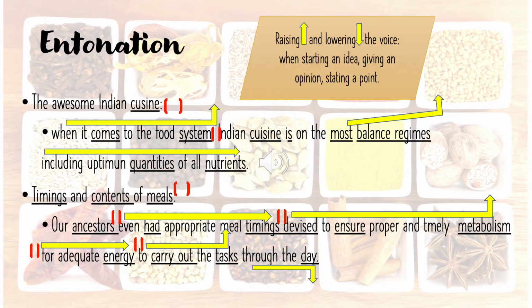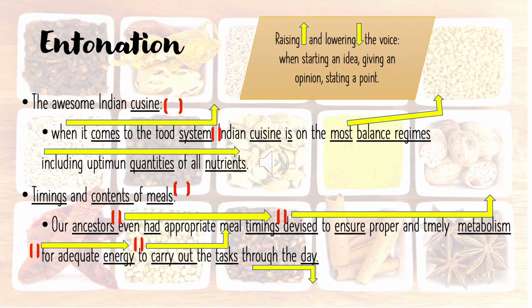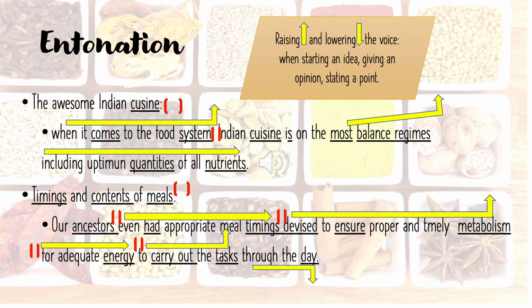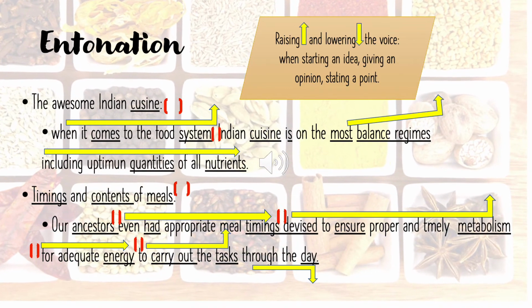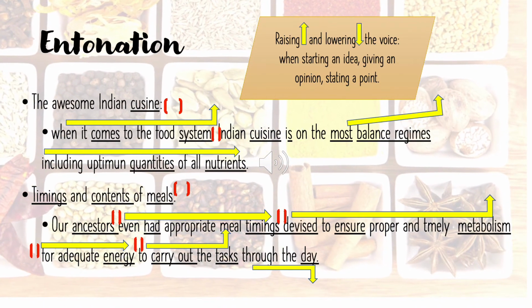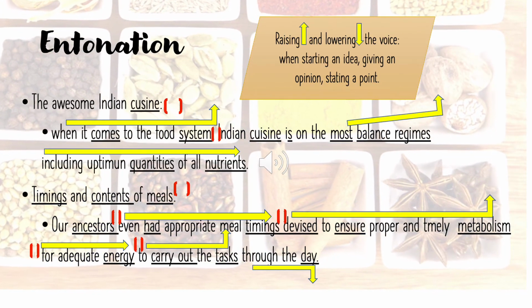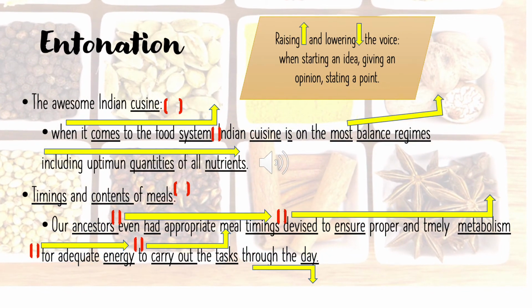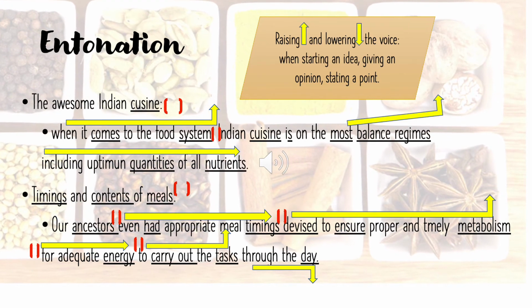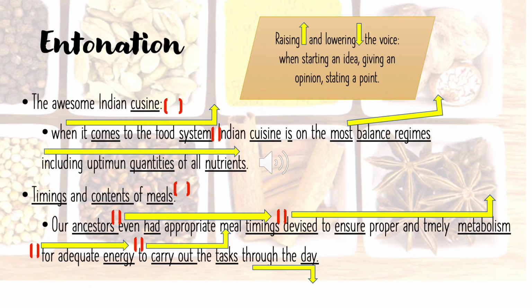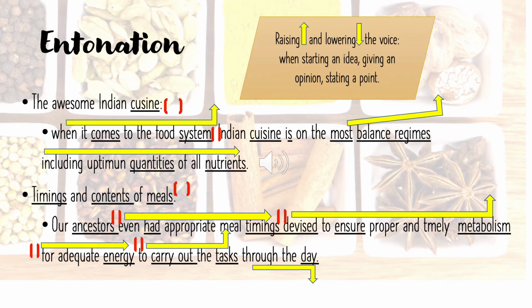Alright, what about the intonation here? It has to do with raising and lowering our voice. Raising or lowering our voice. When this happens, well, when we start an idea, when we give an opinion, and when we state a point, okay? So you are given examples marked with yellow arrows.